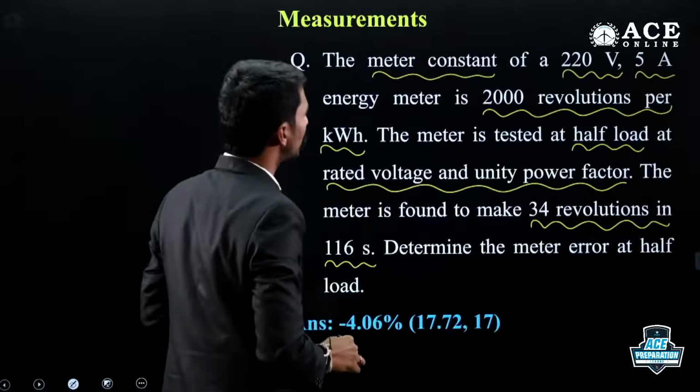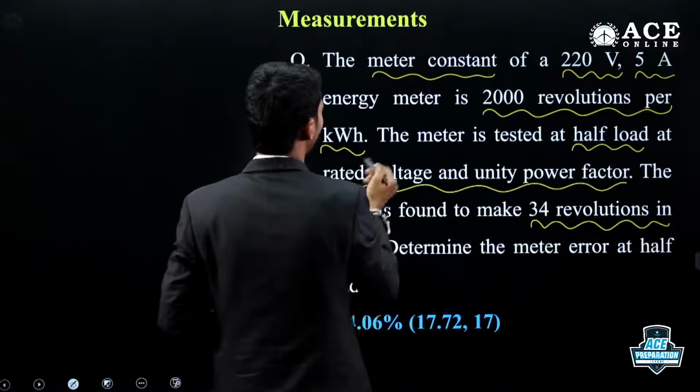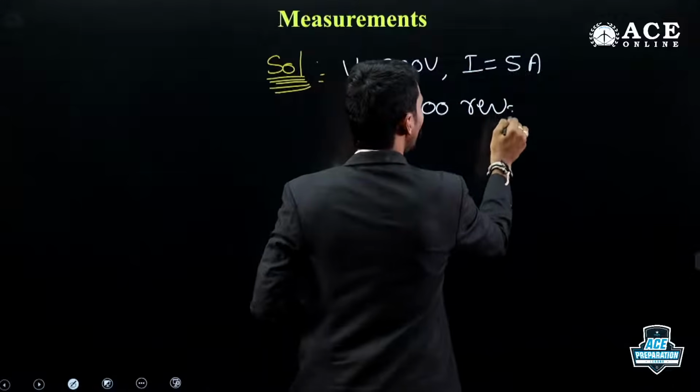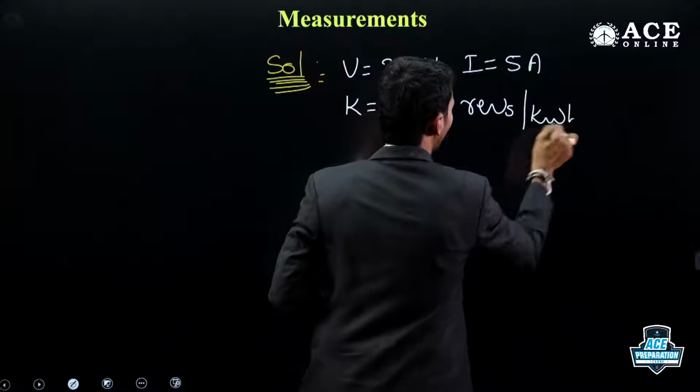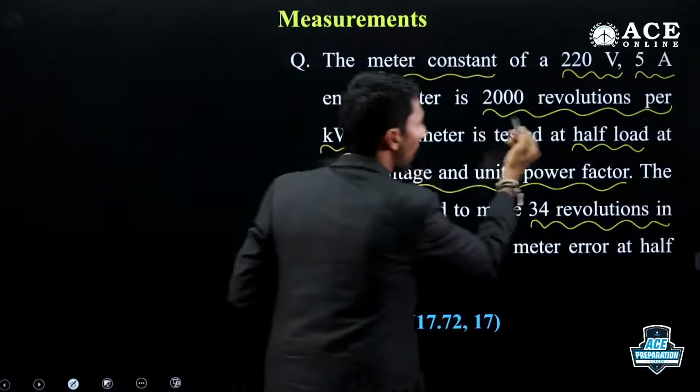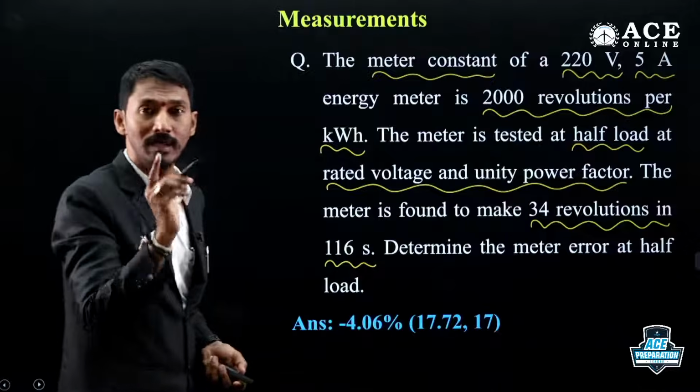Constant is 2000 revolutions per kWh. And the meter is tested at half load. Very, very important. Half load.